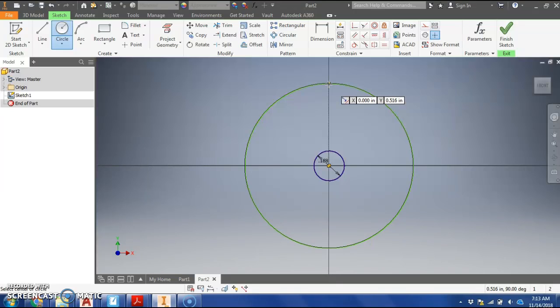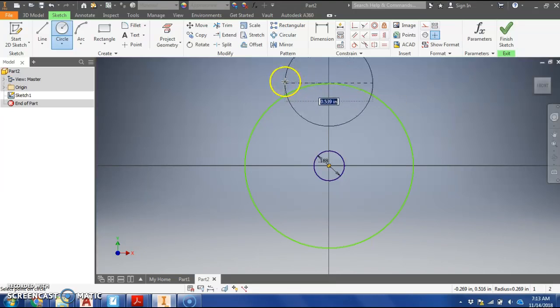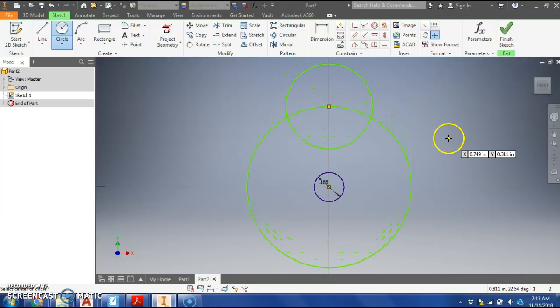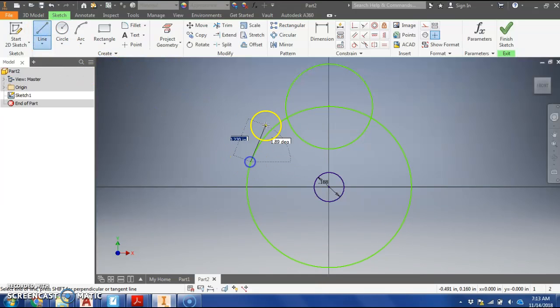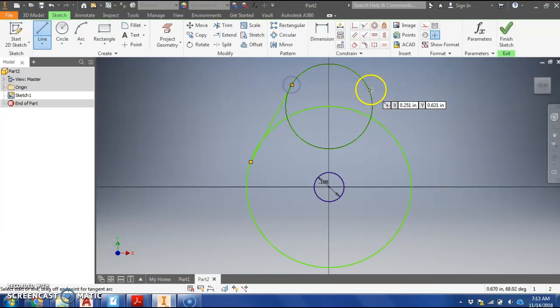So I'm going to make the center point equal on the top of this circle here. And I'm going to make a smaller circle. So I have my little snowman-ish guy. And then I'm going to make 2 lines that connect my 2 circles.